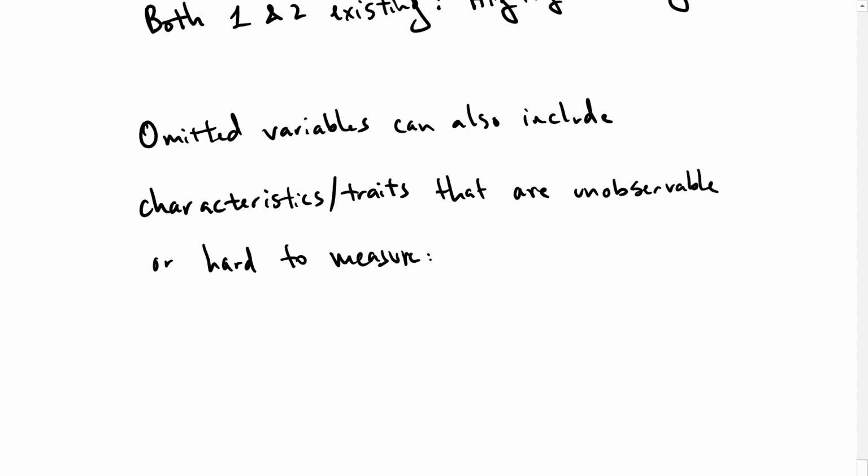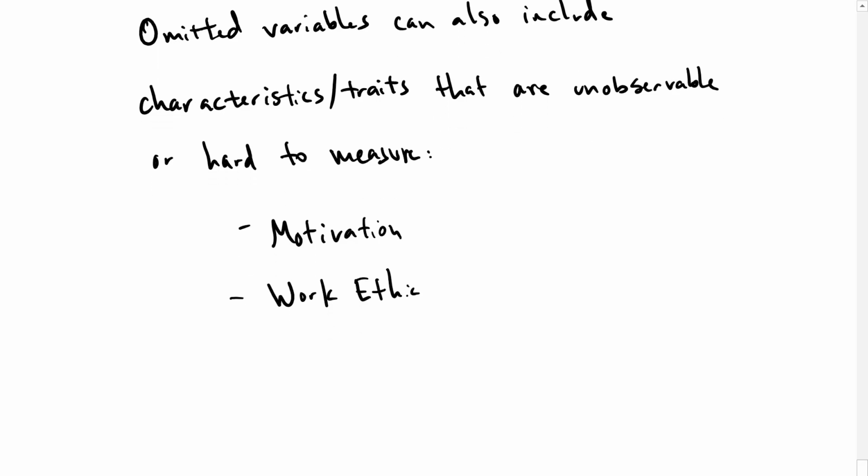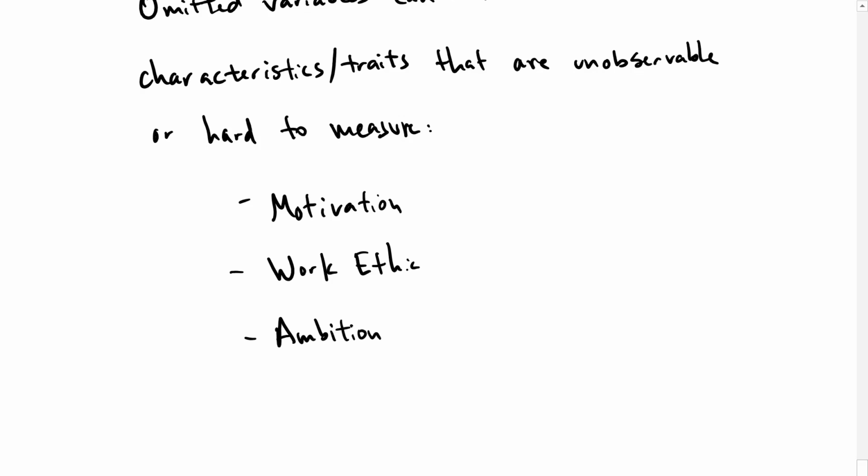Okay, so things we've talked about before in some previous videos, but stuff like motivation, work ethic, ambition, or ability. Right? We try to control for or proxy for these things.